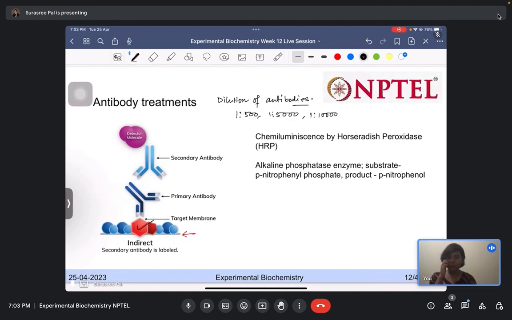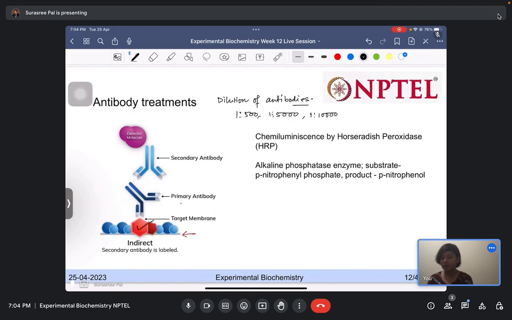So first we will make a primary antibody dilution, and then we will soak the membrane in this primary antibody dilution and keep it in a box on a rocker, so that the box rocks gently and the primary antibody can get in contact with the target membrane and bind to the antigen of our interest, or the protein of our interest.